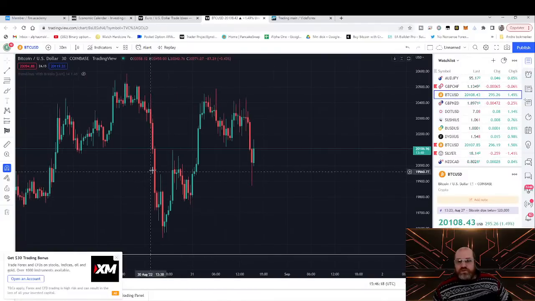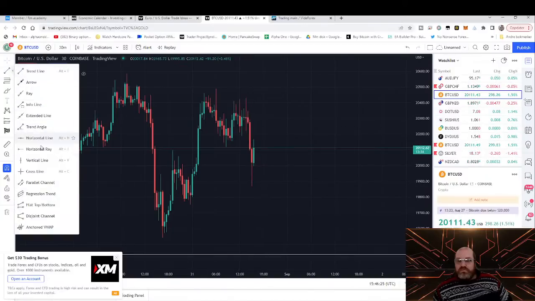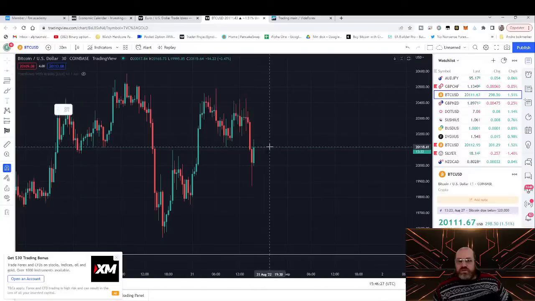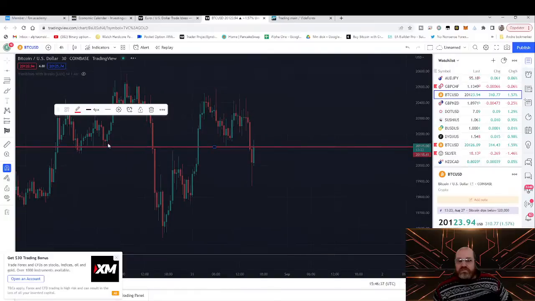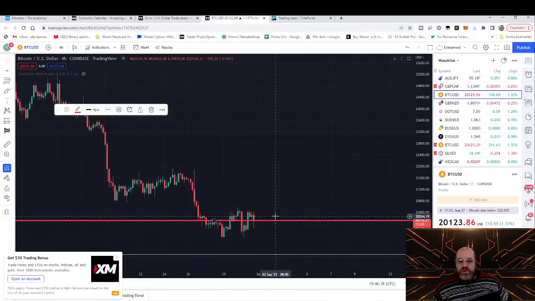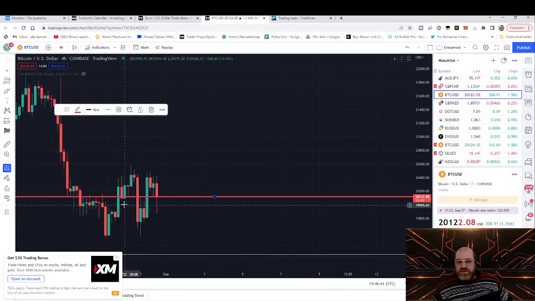So currently we are hitting our resistance zone. Let's take a horizontal line here. We see that this is the area where we hit down, go up, hit down, go up, hit down, go up, hit down, go up. And if we take a look at the 4 hour, it seems like we are above it.